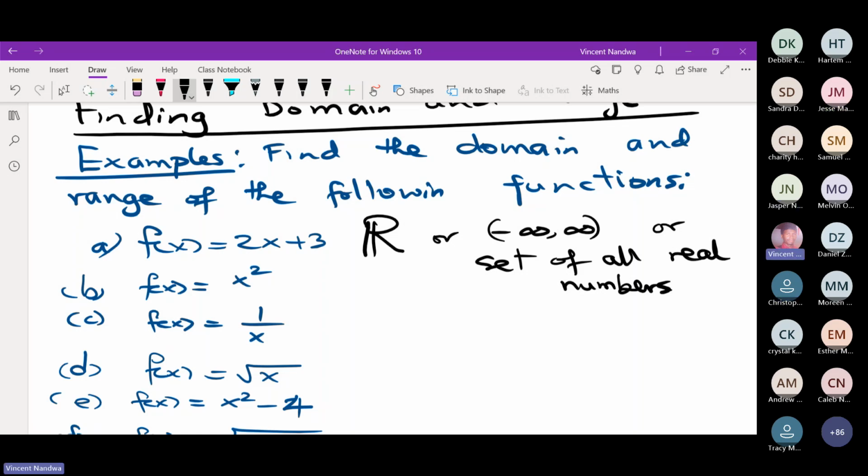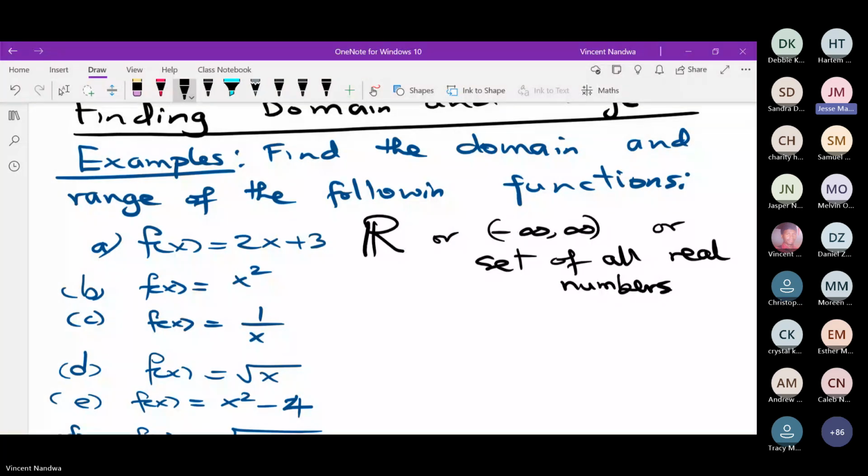Remember, we have said the domain is the set of all inputs, and for this function the inputs are going to be real numbers. Remember, real numbers include negative numbers, zero, and positive numbers. So once you pick these real numbers and put them in the expression 2x plus 3 where there's x, is it possible that some of the answers you get will be negative?